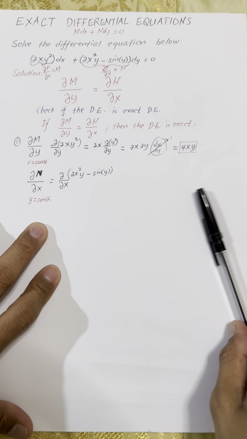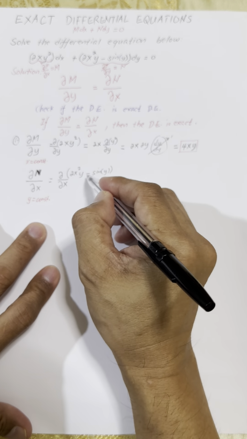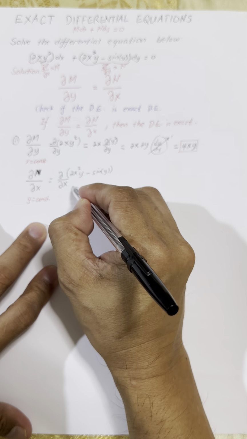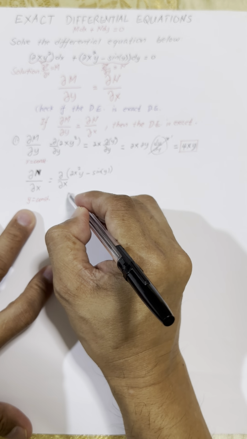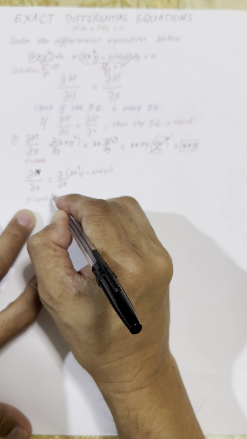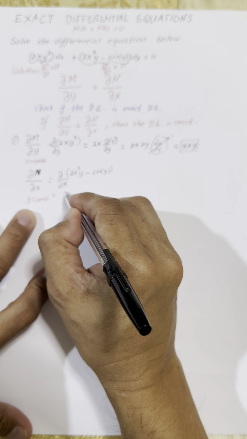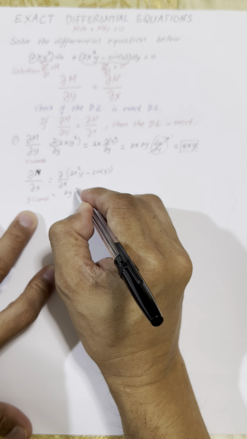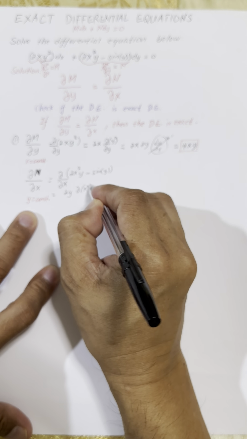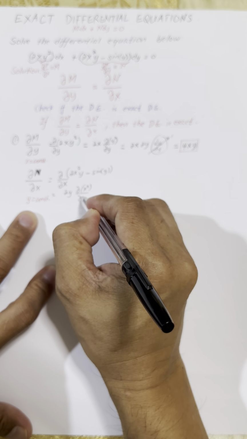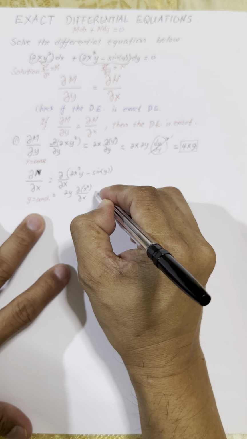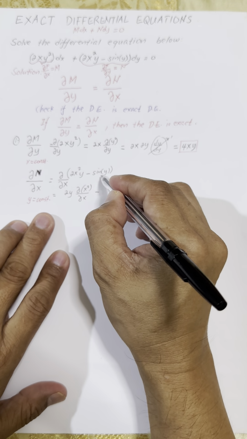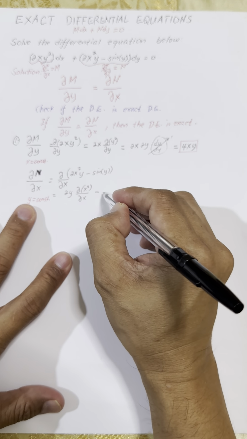Okay, so what will happen? Y is constant, so we can take the partial derivative of this individually. So y is constant, 2 is constant, so you put the constant outside. We have 2 times y times the partial derivative of x squared with respect to x, then minus, so this is constant, y is constant, so the partial derivative of a constant is equal to 0.